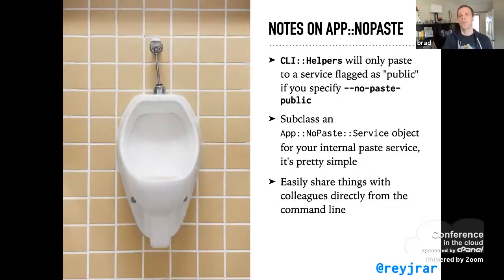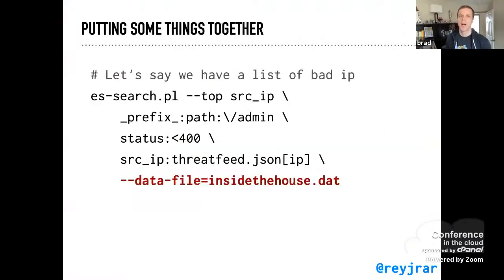The CLI helpers will only paste to private App::Nopaste services unless you specify --nopaste-public, and then it will allow you to paste to a public server. So what I've done is just subclassed an App::Nopaste service object for my internal paste service flagged as private, and I use that to share data with my colleagues.